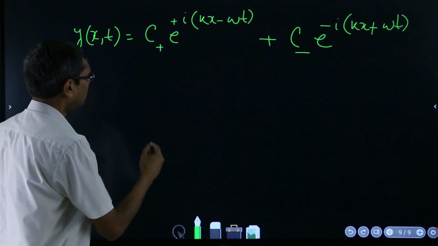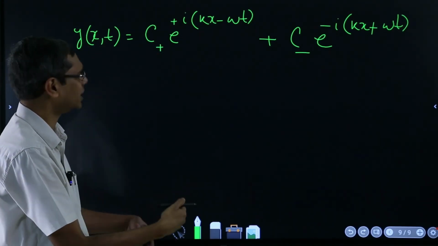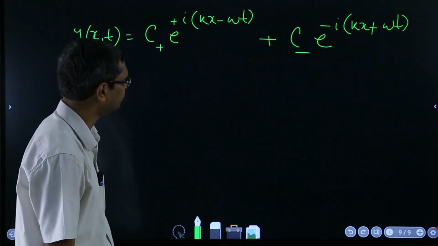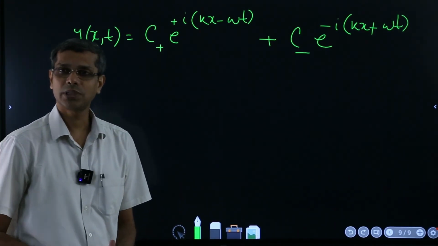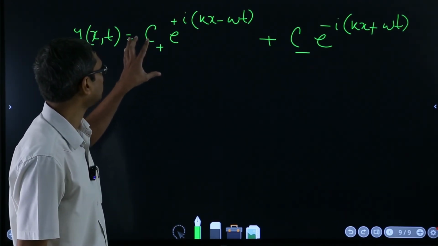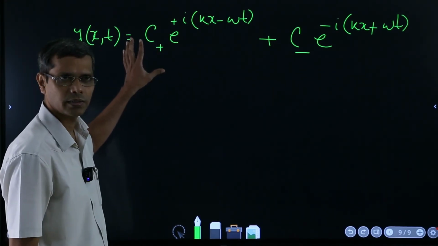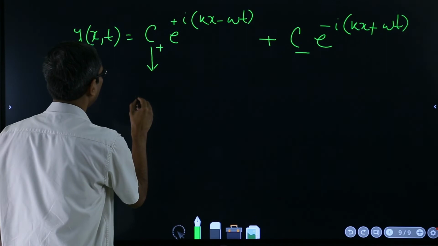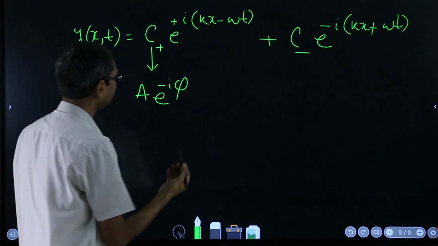And then this one you can always open that and write the real part of this expression, which will give you the actual physical displacement. Now again, whenever you see a complex number, you shouldn't worry about it, but you should also see what information it hides inside. That means this C plus will have some A times e raised to minus i phi, right?